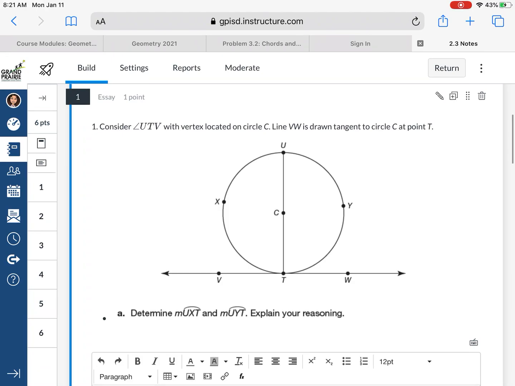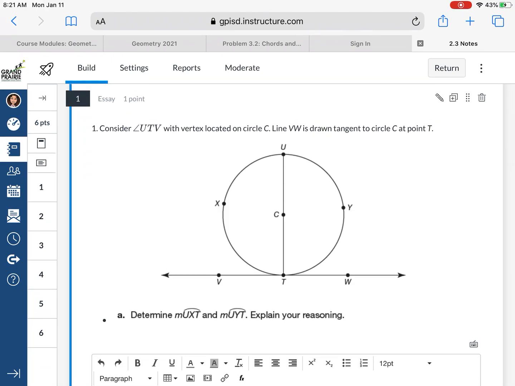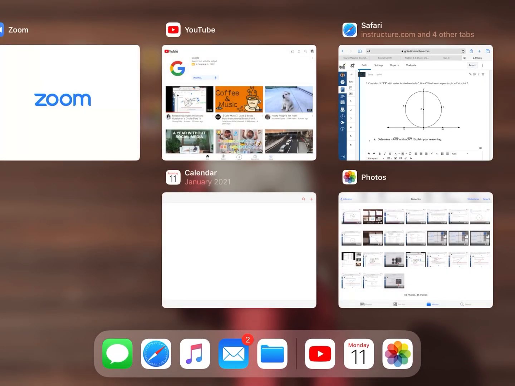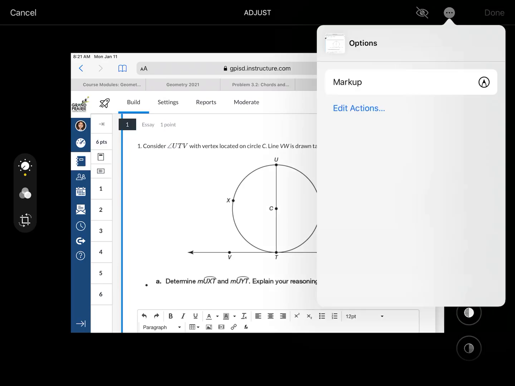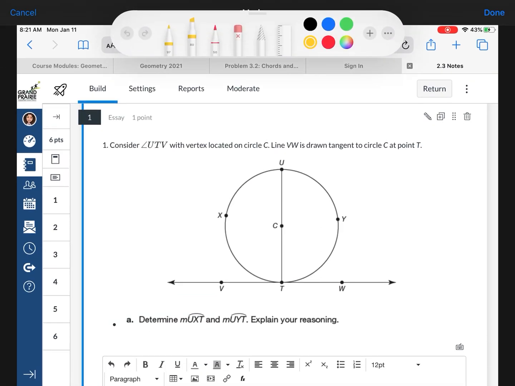So we would have to go back to our picture. Let me go ahead and take a screenshot so I can highlight the angles it's talking about. Okay, so first of all, we just said that this arc measures 180 degrees because it's halfway around the circle, right?